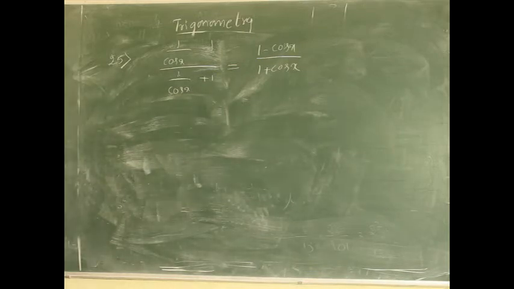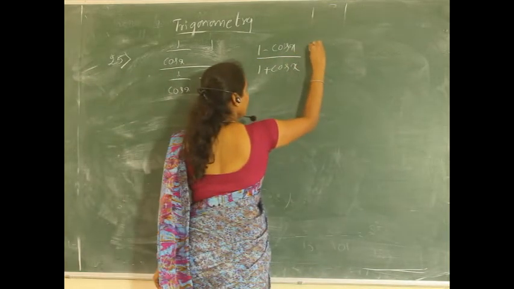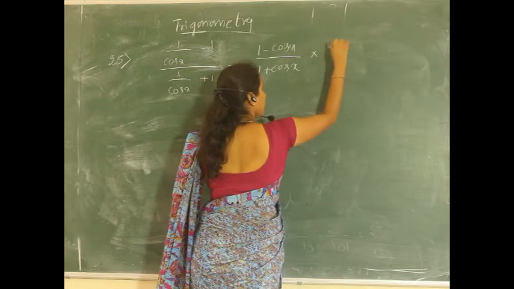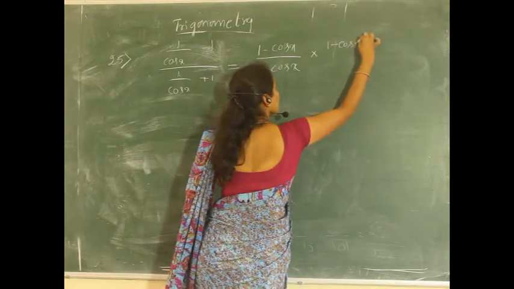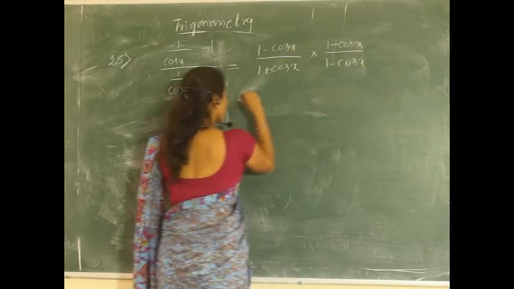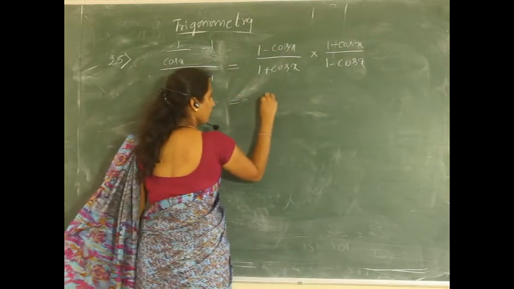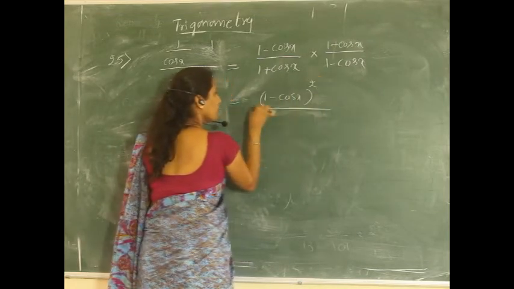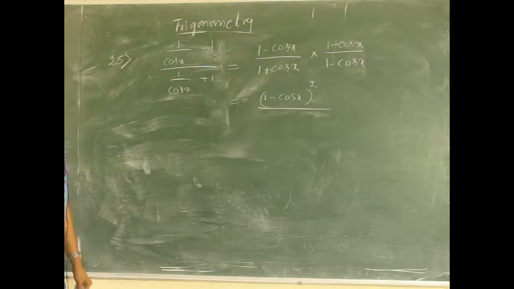So again rationalization. We can multiply by 1 minus cos x in numerator and denominator. So this is equal to 1 minus cos x whole square, and the denominator will be 1 plus cos x into 1 minus cos x.